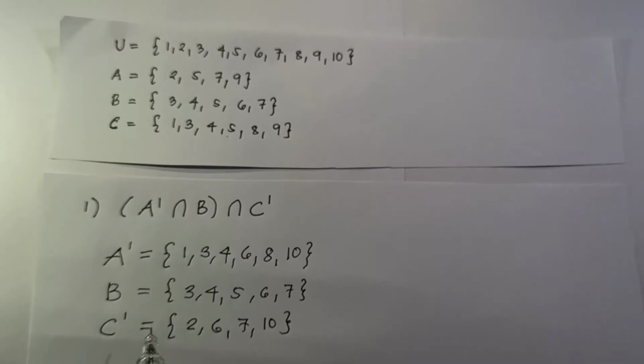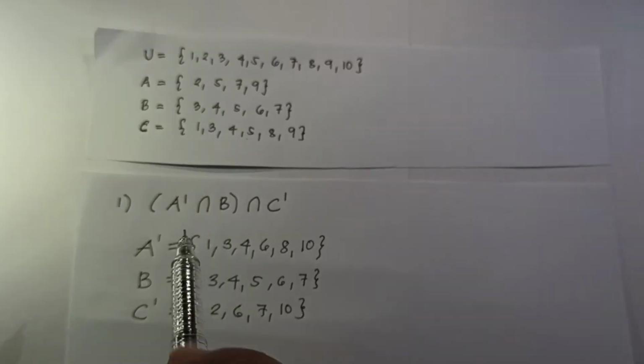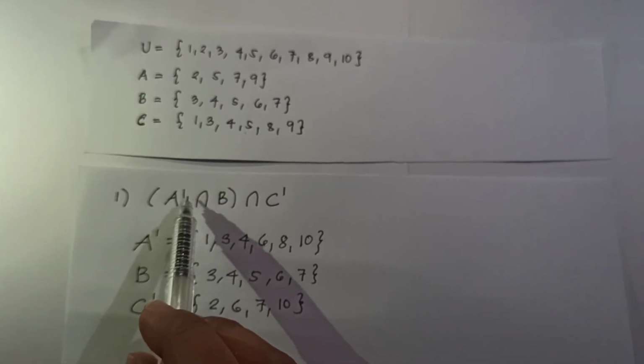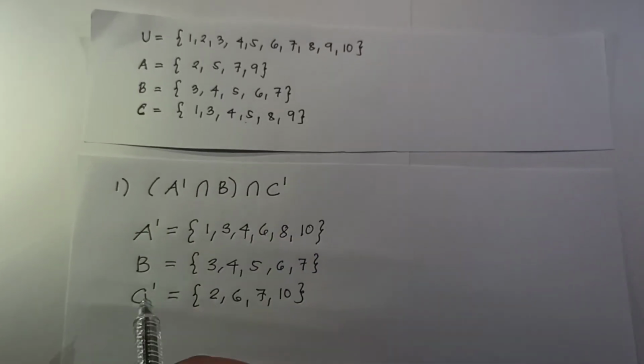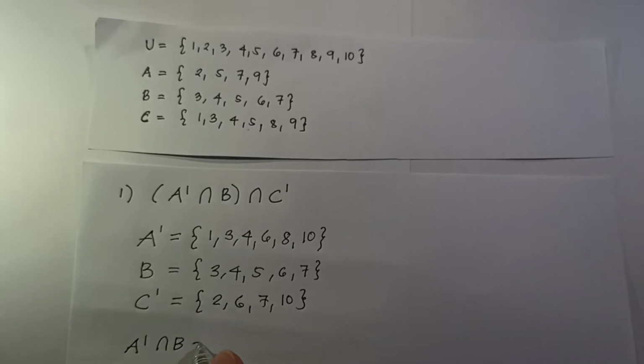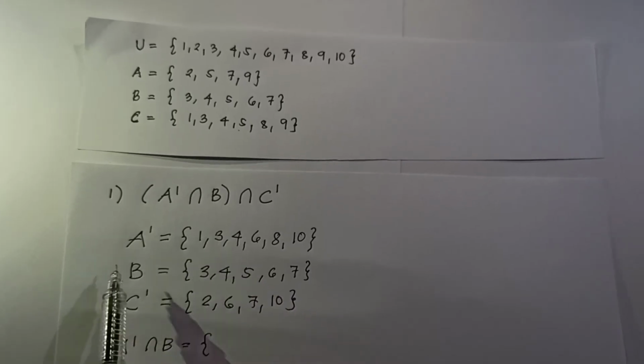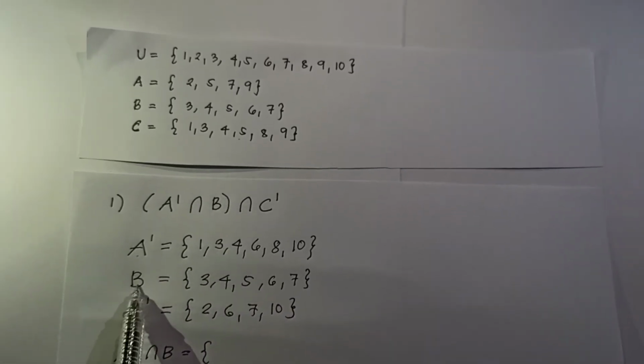So now, we're going to solve. First, we solve A prime intersection B. What is the intersection that we can see in A prime and B?